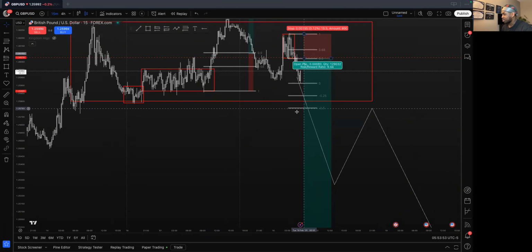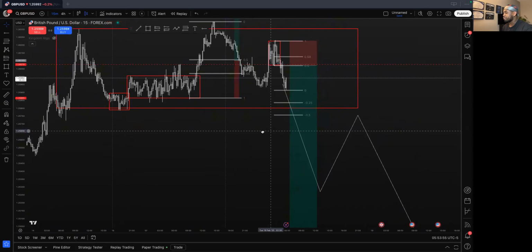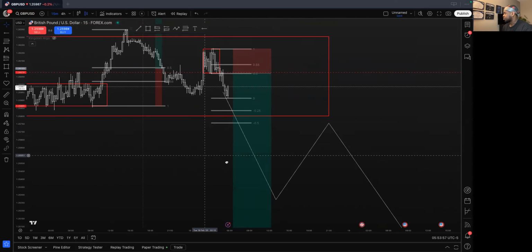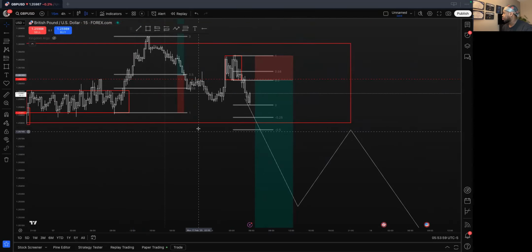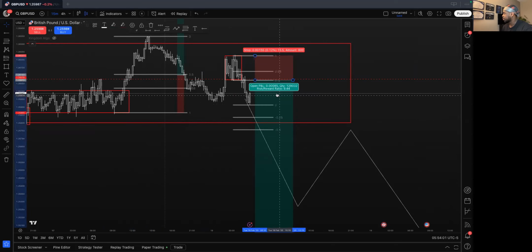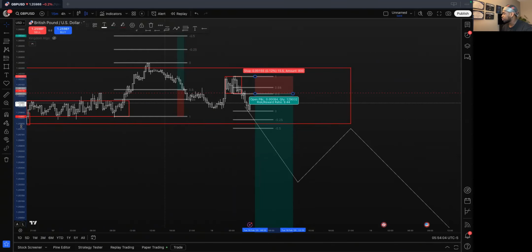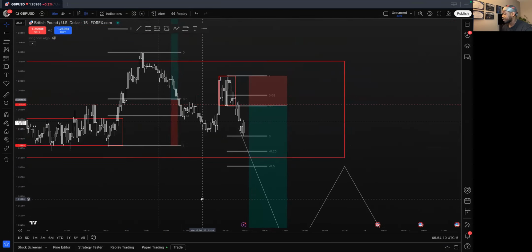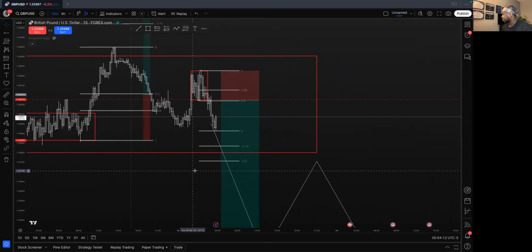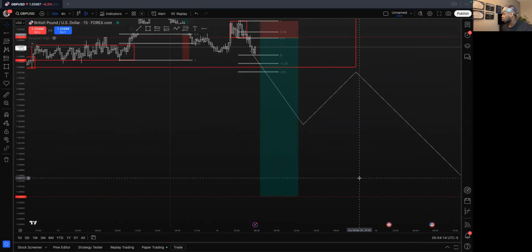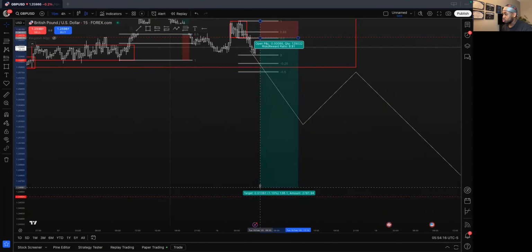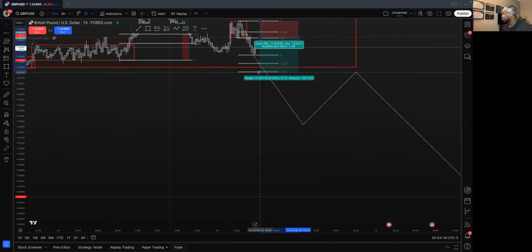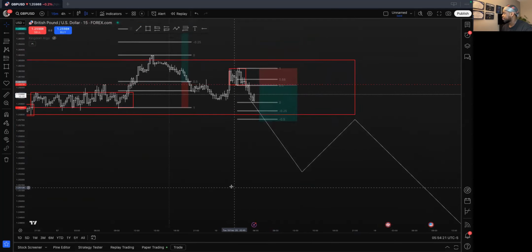I'm probably going to take my profits at the full fib, but just to show y'all the general idea, this will be 15 pips of risk for 146 pips of reward. So basically a 1 to 10, which is fantastic. But again, I'm probably not going to hold. GU's gonna have to show me something.